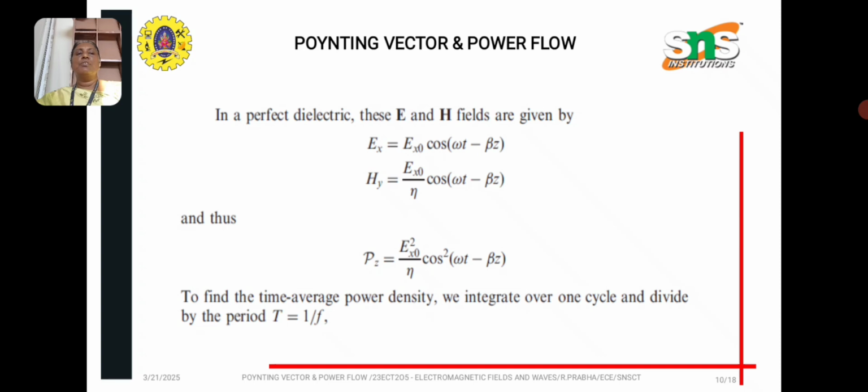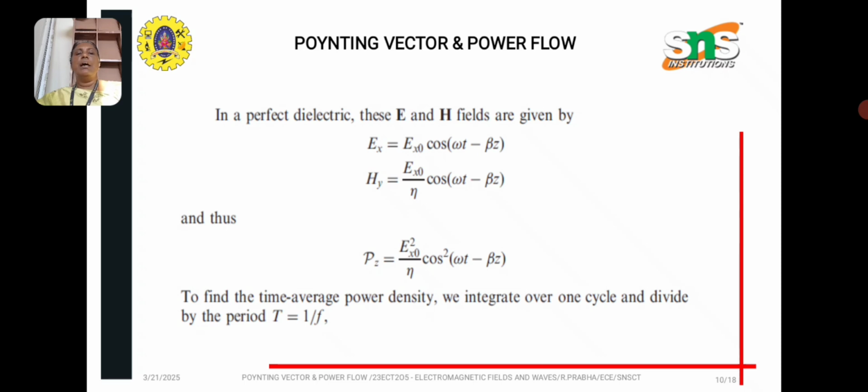In case of a perfect dielectric, this Ex can be given as Ex0 cos of omega t minus beta z, and Hy is Ex0 by eta naught cos of omega t minus beta z. And the Poynting vector P(t), multiplying E cross H, we get Ex0 squared by eta cos squared of omega t minus beta z.